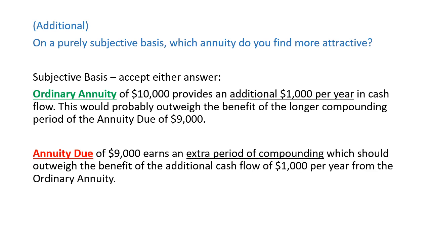Or, annuity due of 9,000 earns an extra compounding period, which should outweigh the benefits of the additional cash flow of 1,000 per year from the ordinary annuity. In this case, without any calculation, both answers can be accepted, for it is on a subjective basis. Okay.